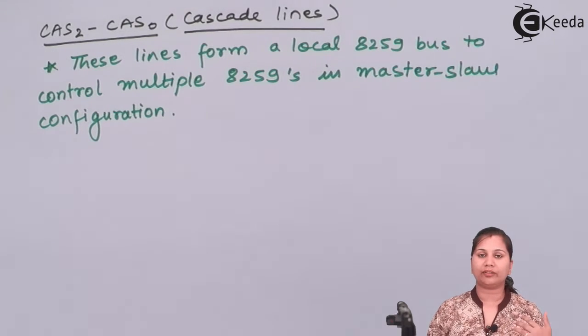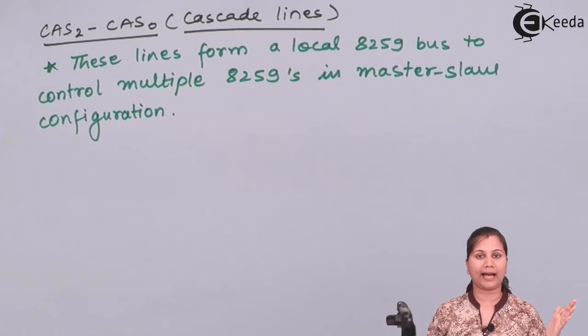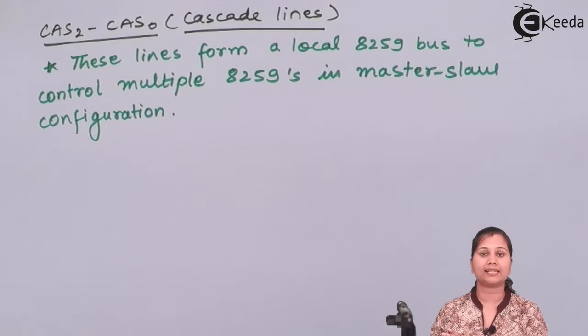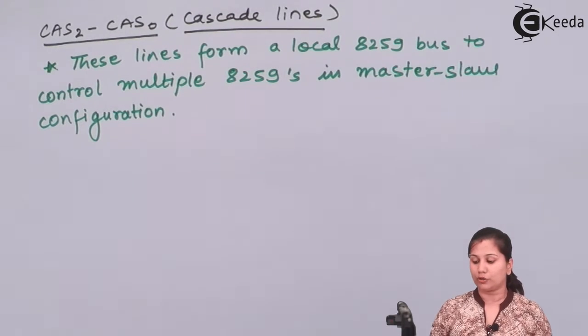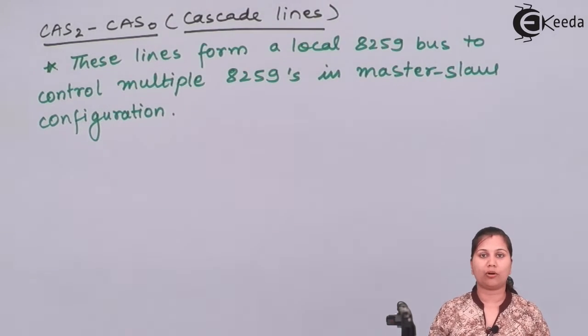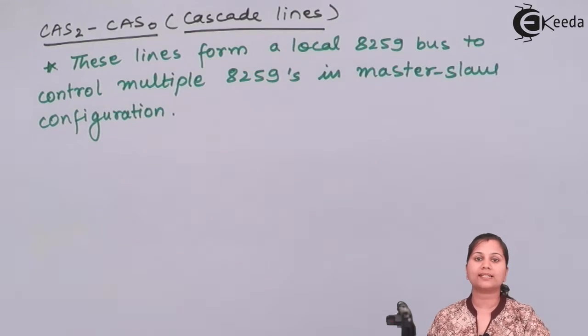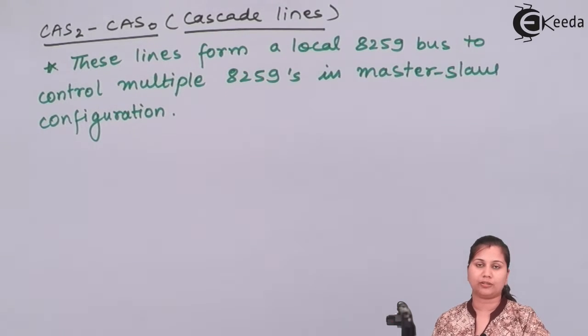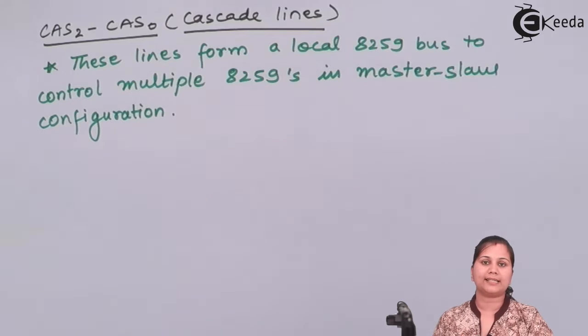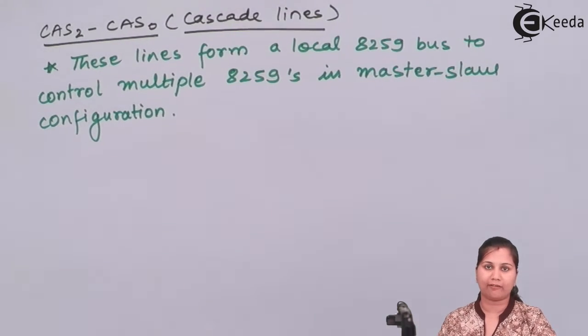As we have studied in the features of 8259, if we connect 9 8259 ICs, then we can handle 64 interrupt pins. This mode of operation, where we are using several of these ICs, is known as the master slave configuration, in which one IC acts as a master and the others act as slave ICs.